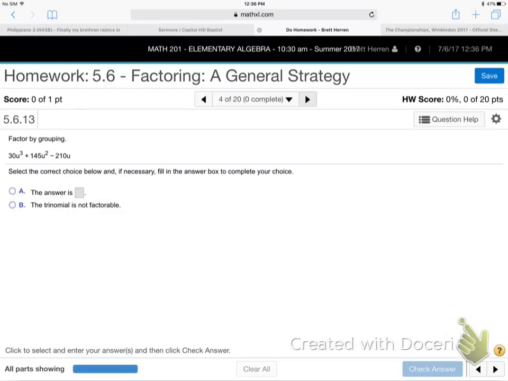Let's see. So, 30u to the third plus 145u to the second minus 210u. Okay.